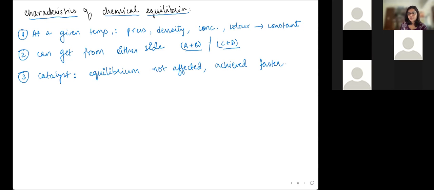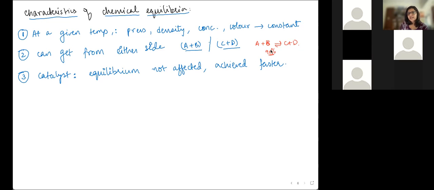So what this means is, suppose I have the same reaction, A plus B gives C plus D. Suppose equilibrium is achieved at, let's say, 90% of the reactant. When you have 90% of the reactant remaining, that's when equilibrium kicked in and everything remained the same.